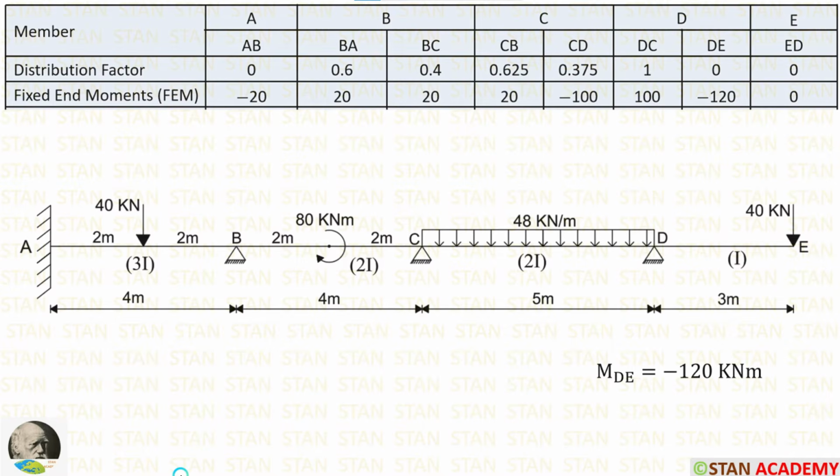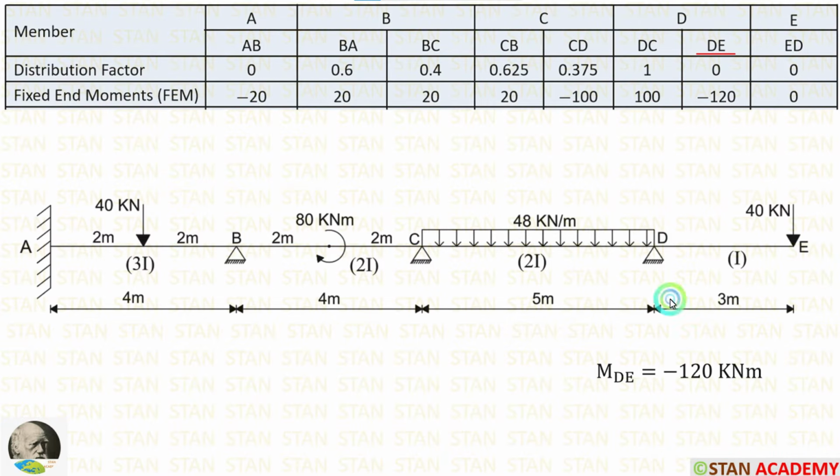Now, let us start making the moment distribution table. In the table, first let us enter all of the members. Then let us enter the distribution factor values. Then let us enter the fixed end moments. In the spans AB, BC and CD, we have calculated the fixed end moments. Let us enter them.